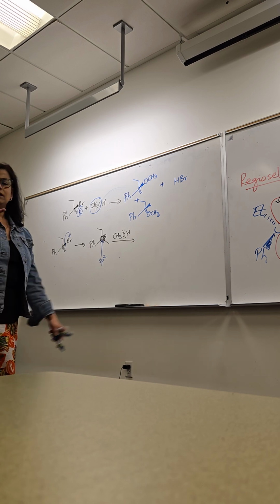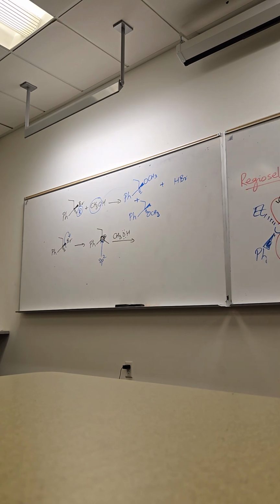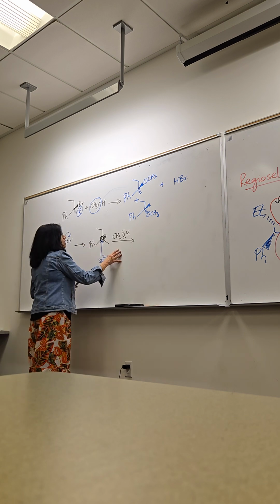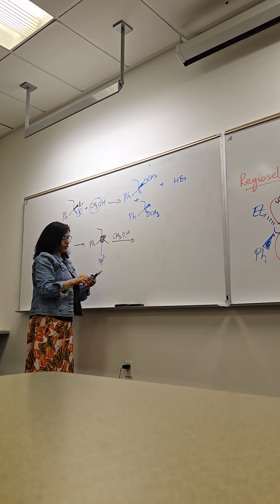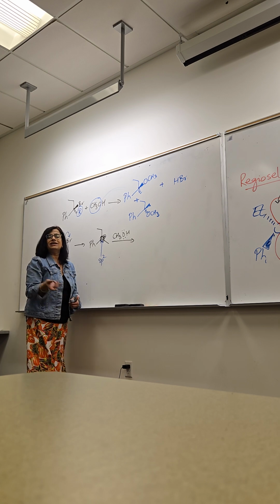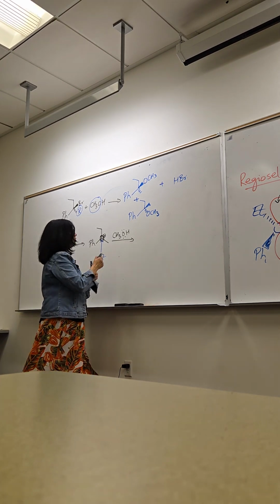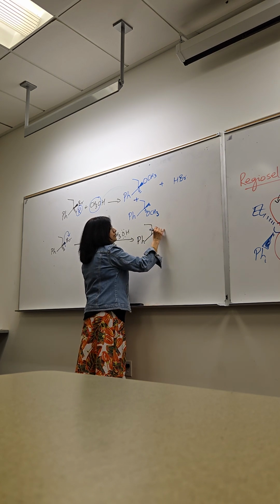Because it's trigonal planar, the next step can happen from either side with equal ease because nothing is blocking it anymore. So this is the step where the nucleophile is equally likely to come from the front or the back. This is where we end up with two different products.